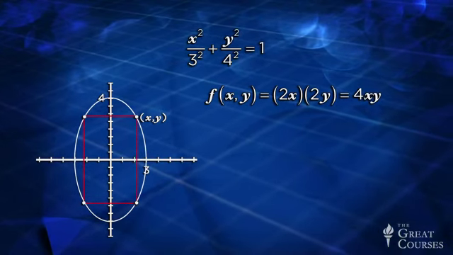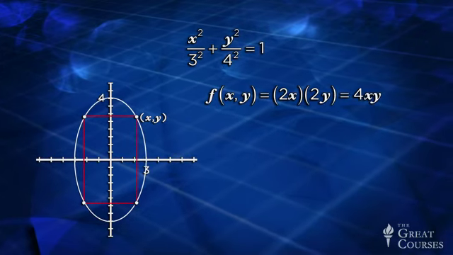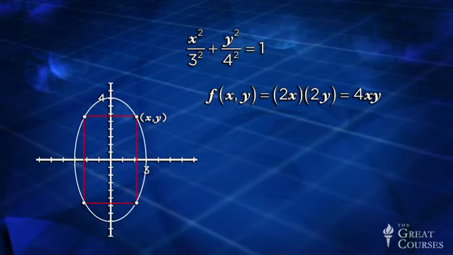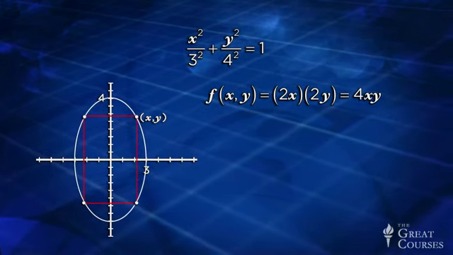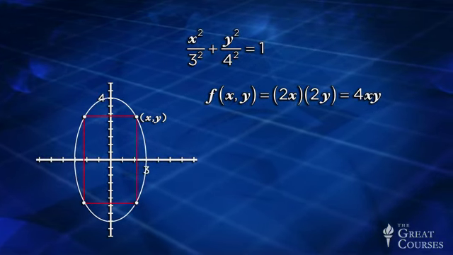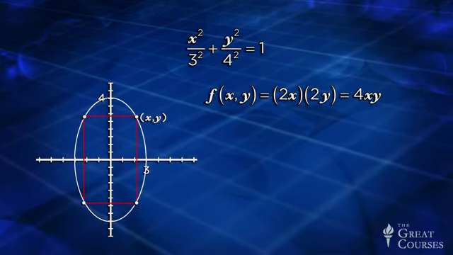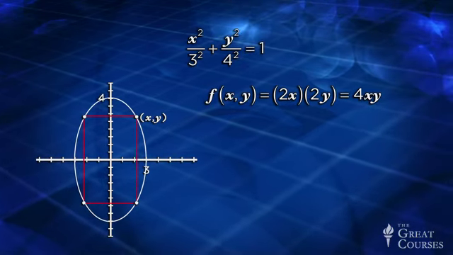We want to find where to place (x, y) such that the area is as large as possible. So we're trying to maximize the area of that rectangle, and that's a function of two variables. F of (x, y) equals, the base is 2x, the height is 2y, so we're trying to maximize the function 4xy.